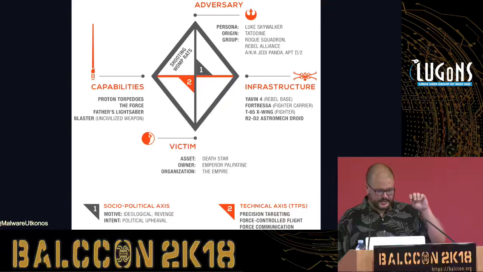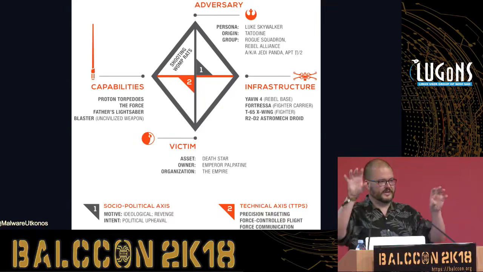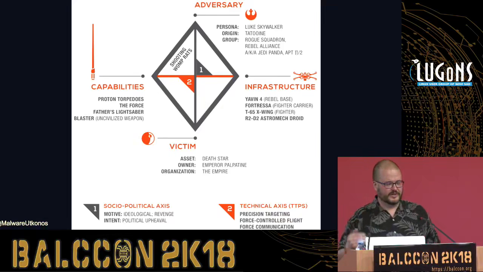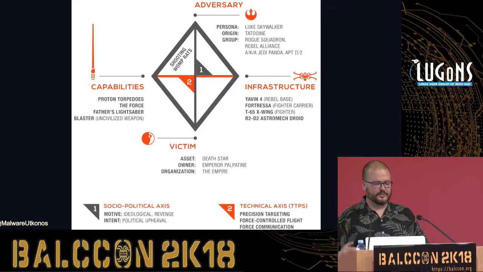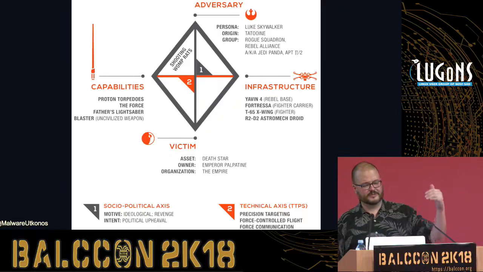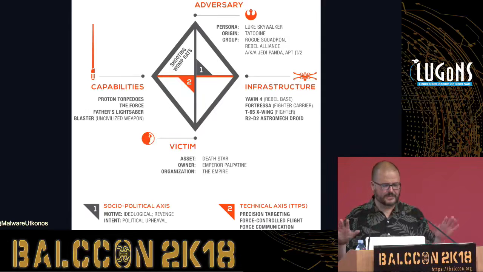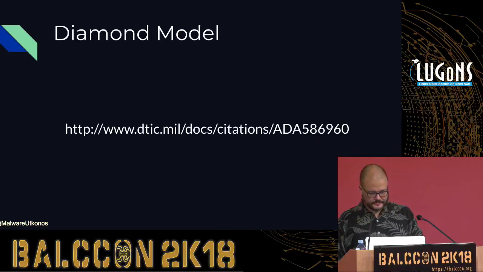Even if you don't have data in all of the corners of the diamond, you can infer a bit of who did it if you have some of the data. So if you've got a victim and you've got capabilities, you may be able to infer who the adversary is. So that's the basics of the diamond model.